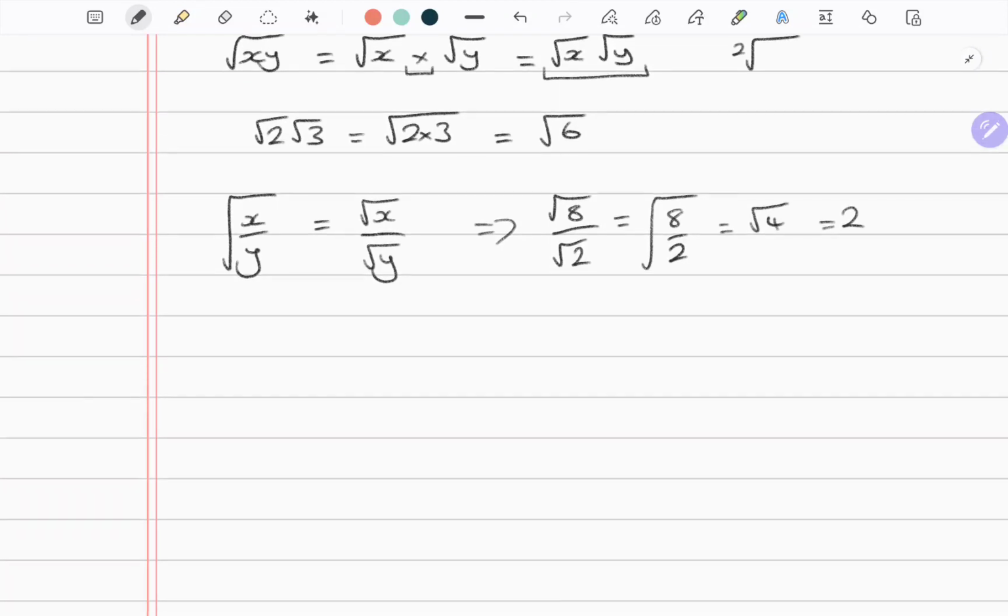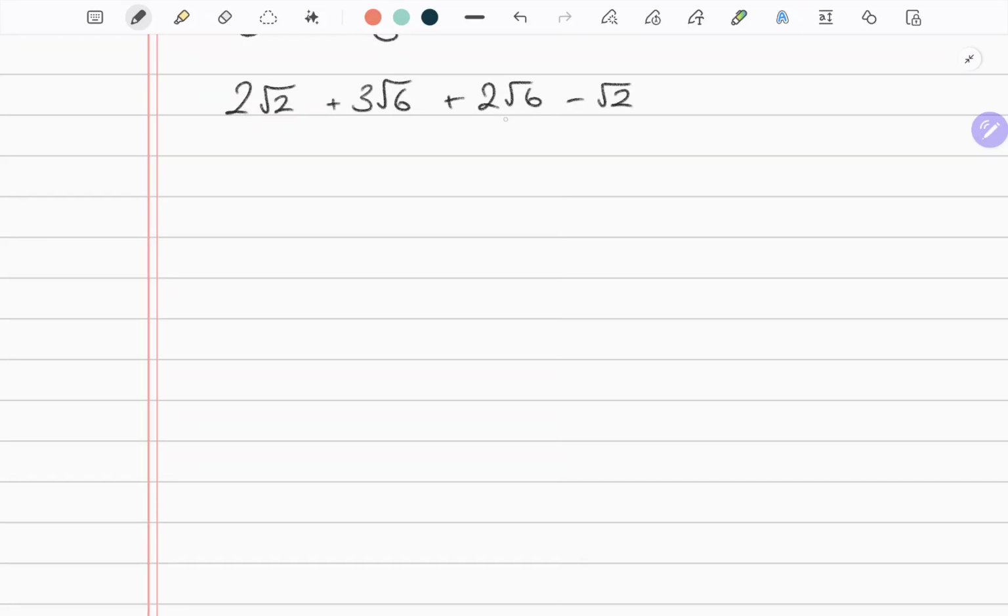Let's look at factorising. So let's say we had 2 square root 2 plus 3 square root 6, plus 2 square root 6 minus square root 2. Again, that multiplication symbol is implied, so imagine that there's a multiplication between this 2 and square root 2 and so on. What we can do here, we can see that we have a square root 2 here and a square root 2 here.